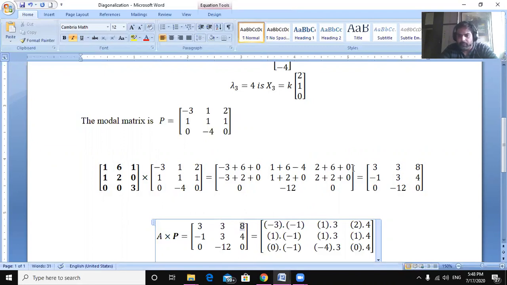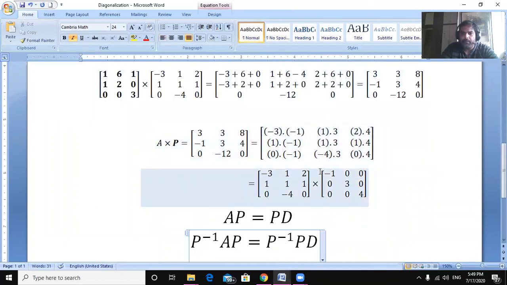So how am I writing this? Look, this is the x1 vector. So Ax is equal to lambda x, or A x1, the first column, is equal to lambda x1, the first column of this resultant matrix. This is the lambda, the corresponding eigenvalue. So lambda x1.